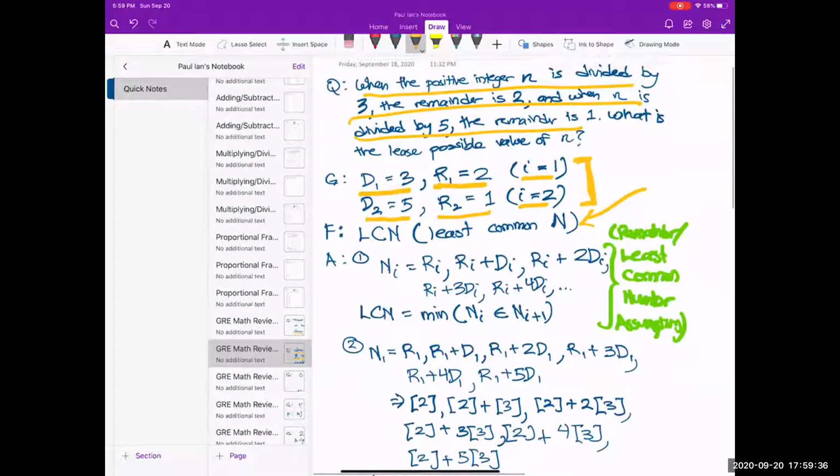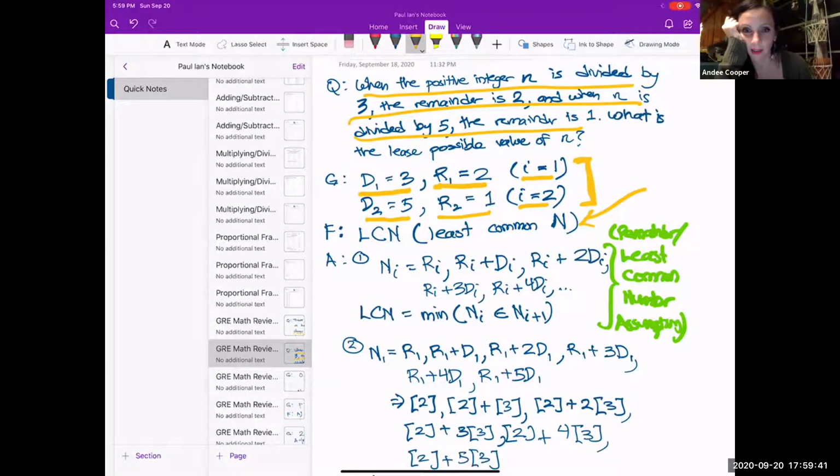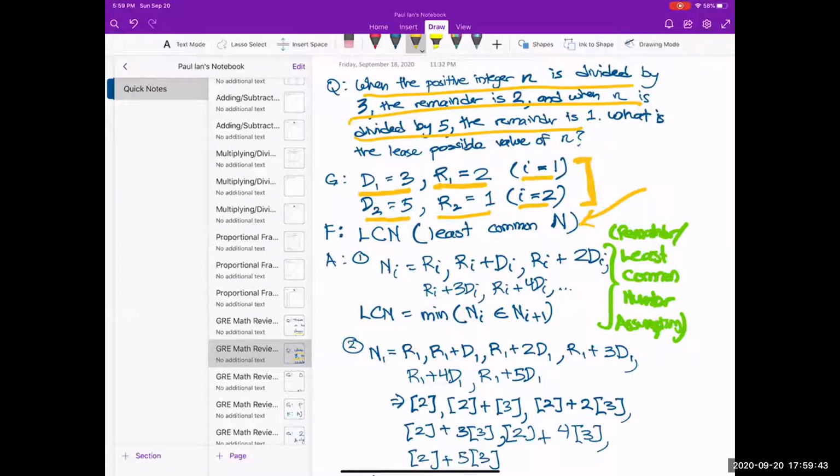So if we didn't talk about this, you probably wouldn't know how to attack this one. I haven't seen this in a regular curriculum, but the first thing I would do is least common number assumptions. Because it's asking for the least possible value of n, you take the remainder for each group, because you're going to compare them, and then you add what you're dividing by.